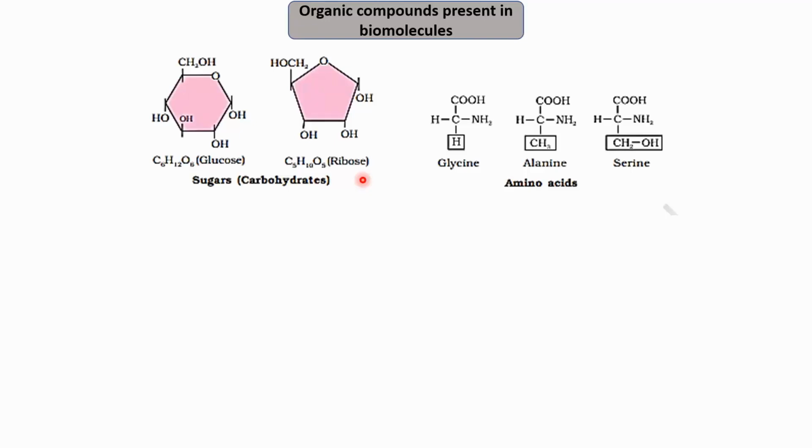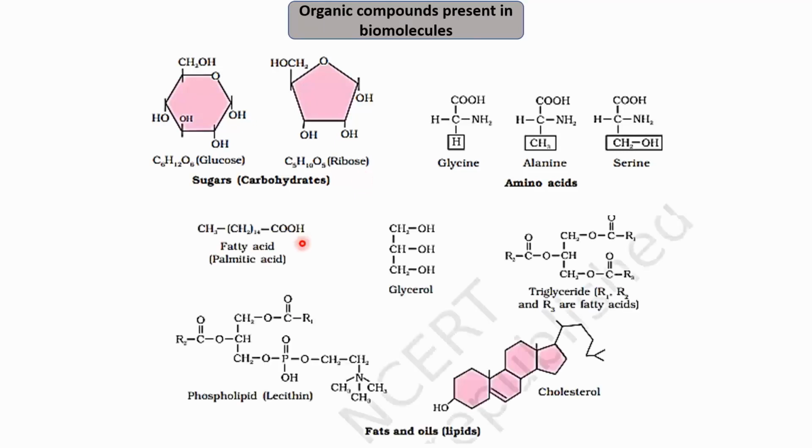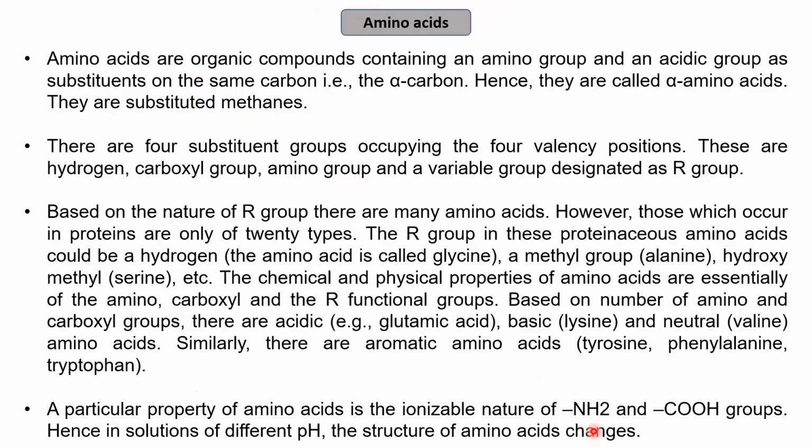These amino acids may include, for example, glycine, serine, or alanine. Fats and lipids are also examples of biomolecules, for example, fatty acids like palmitic acid, glycerol, or triglycerides. Phospholipids like lecithin, which forms the plasma membrane in some cells, or cholesterol are examples of biomolecules.